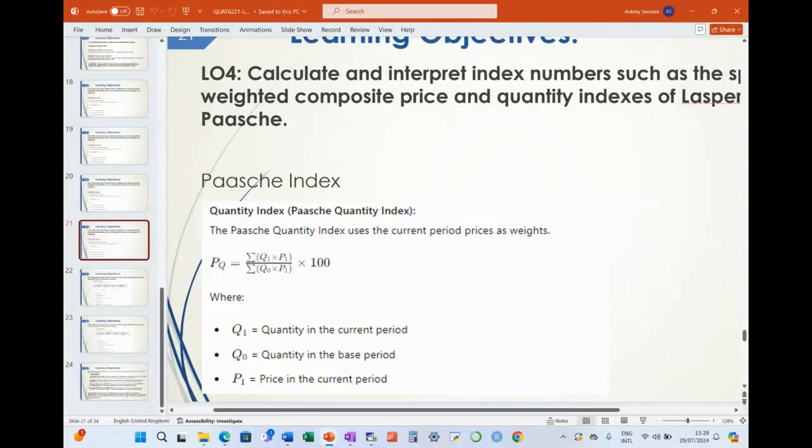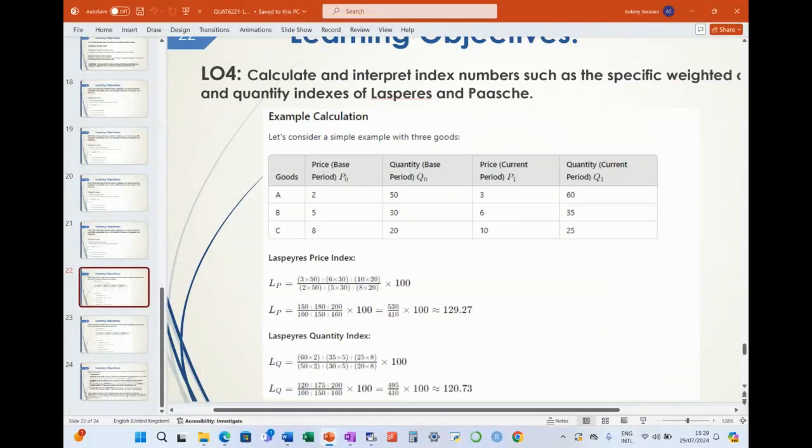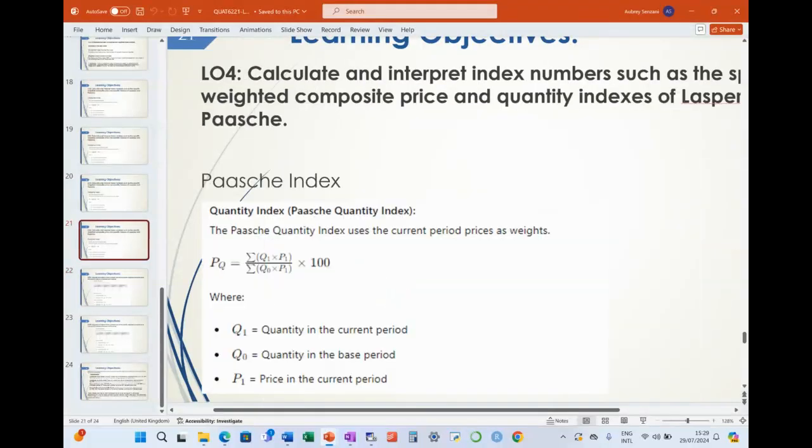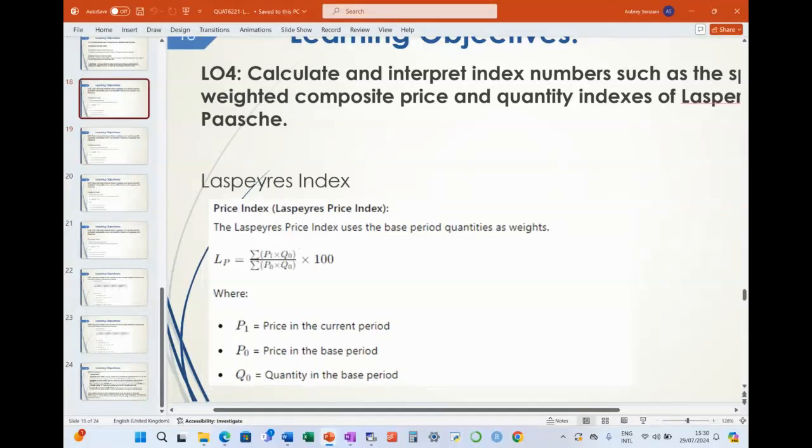Number 2. How many do you have? Number 1. No, okay, let me check. Let's start again. Okay, wait. Okay, number 1. This is number 1. Okay. All right. Can I go to number 2?